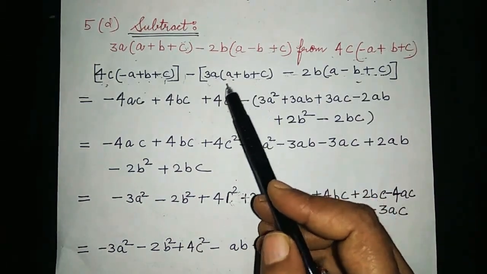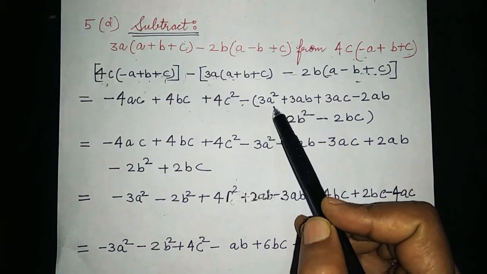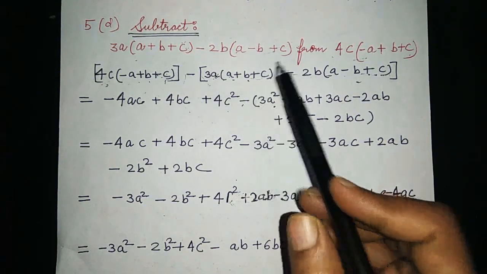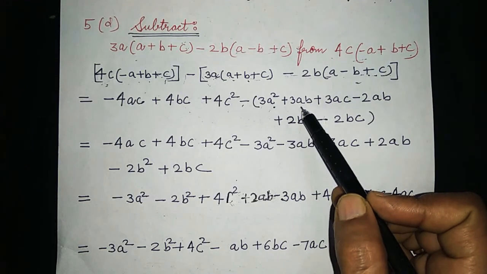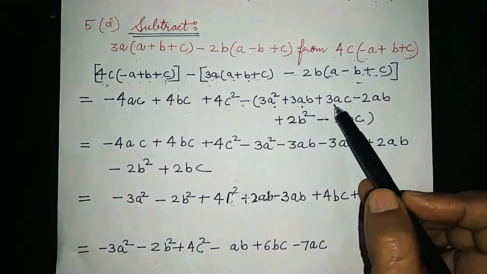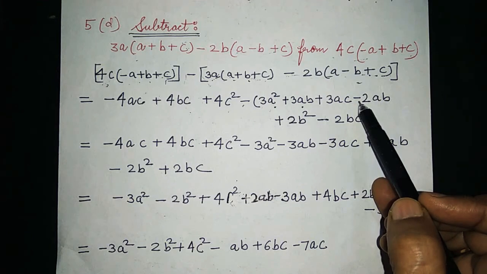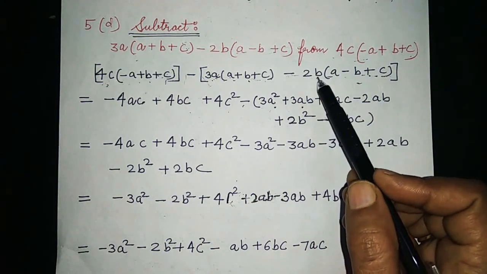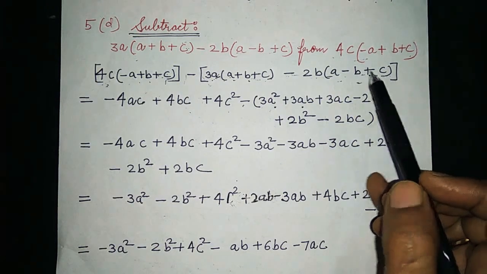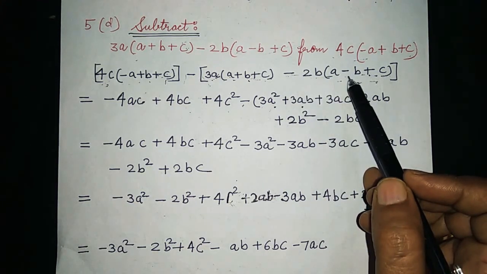Now we will multiply 3a into a, we will get 3a square, and 3a into b, we will get 3ab. Now 3a into c means what? 3ac. Now this minus sign we will put. Now we will multiply this monomial with this trinomial. We have to see signs very carefully.